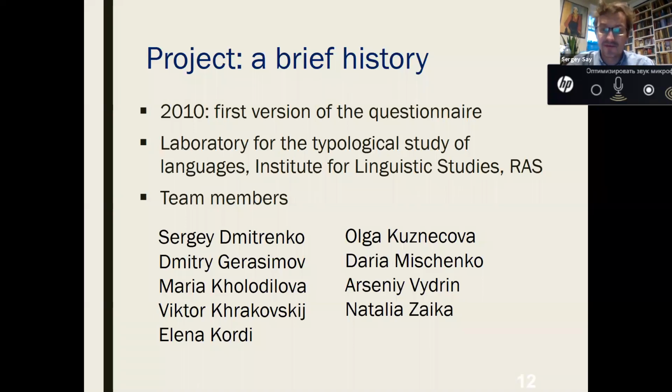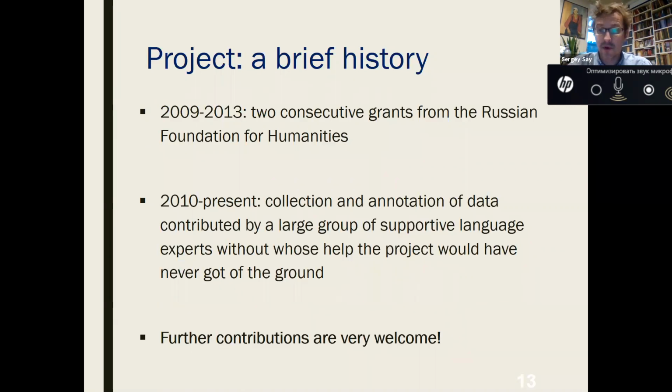And I have the names of the team members who participated in compiling this questionnaire and solving some methodological questions for this project. And from that time on, we continued compiling data for individual languages. So collection and annotation of the data continues up to now.